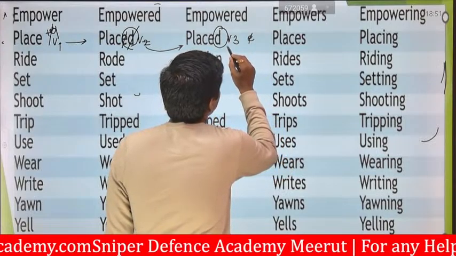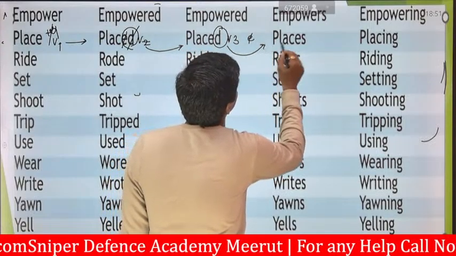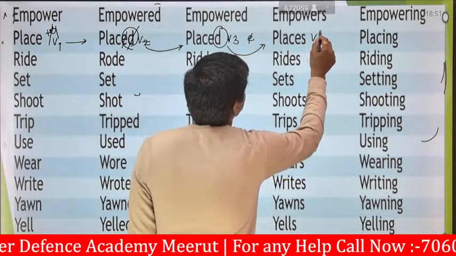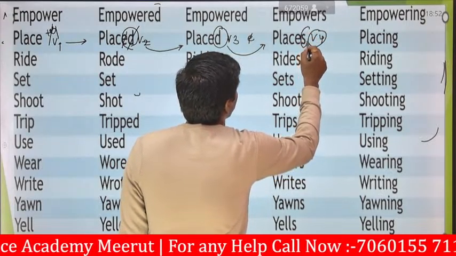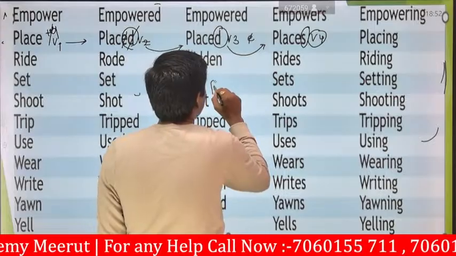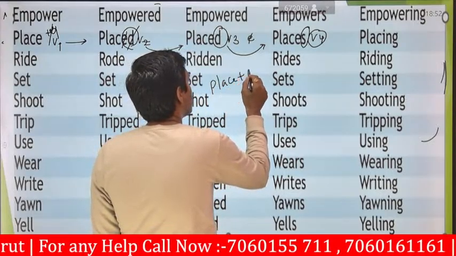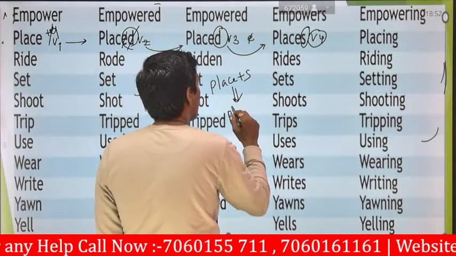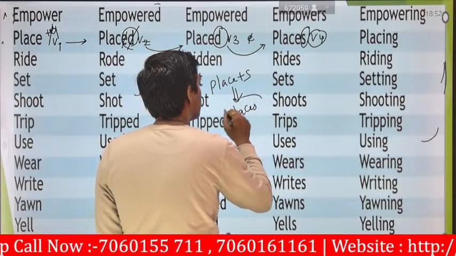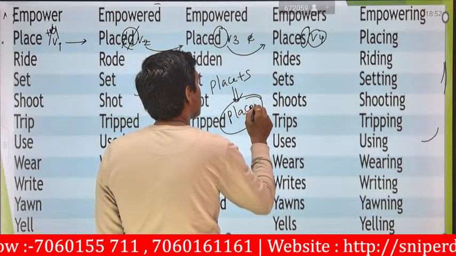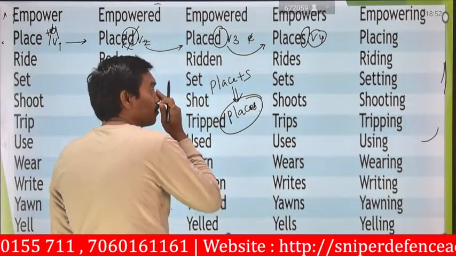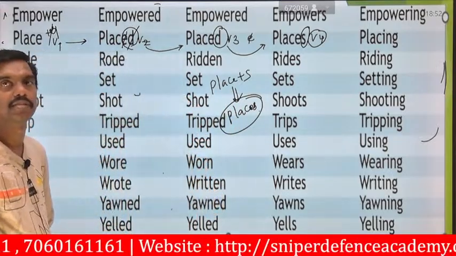Once you transfer this word from V3 to V4, as we know, we are going to add S. Place plus S gives places.